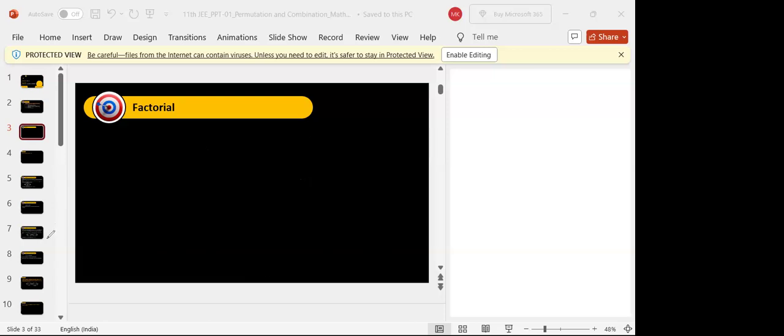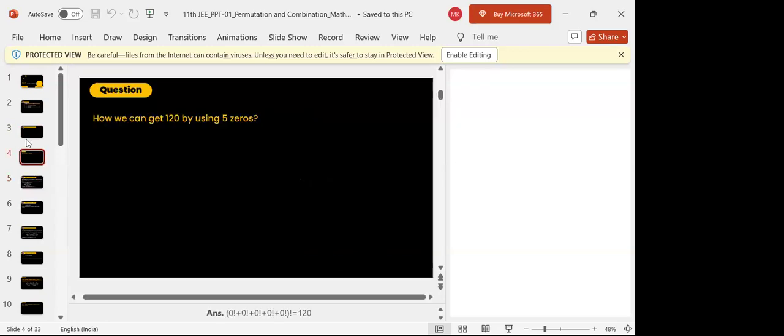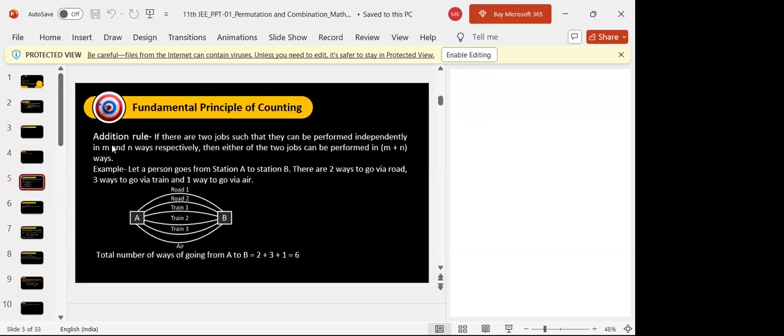And when continuity exists, then we use the multiplication rule. See, the addition rule: if there are 2 jobs such that they can be performed independently in m and n ways respectively, then either of the 2 jobs can be performed in m plus n ways.